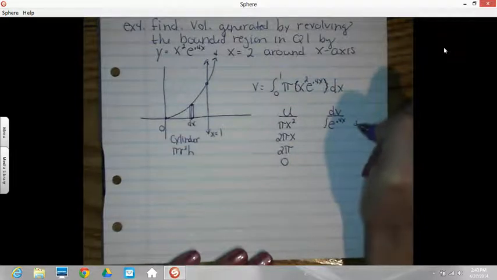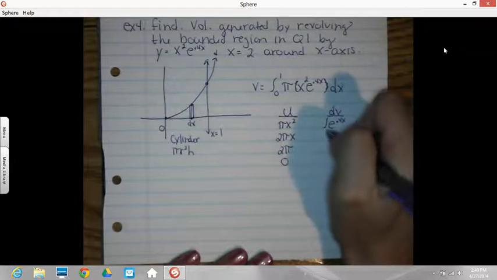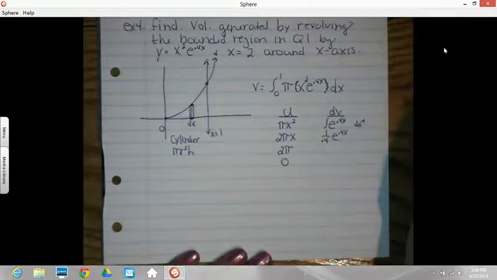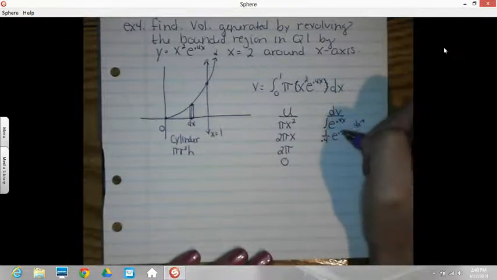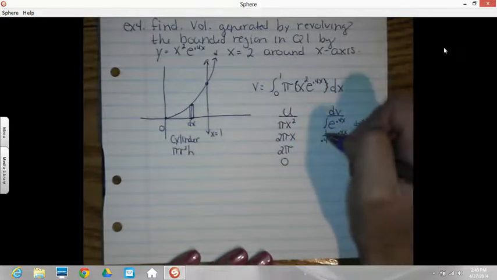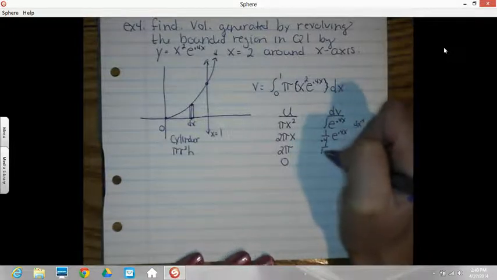think of the dx. I need a 0.4, so I need a 1 over 0.4. So 1 over 0.4 e to the 0.4x. Okay, again, I need a 0.4, so I need another 1 over 0.4. Multiply by the one that's there, that's going to give me 1 over, I believe, 1.6? No, 0.16.